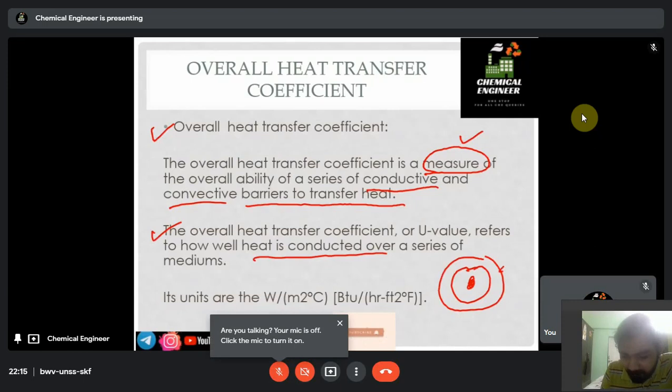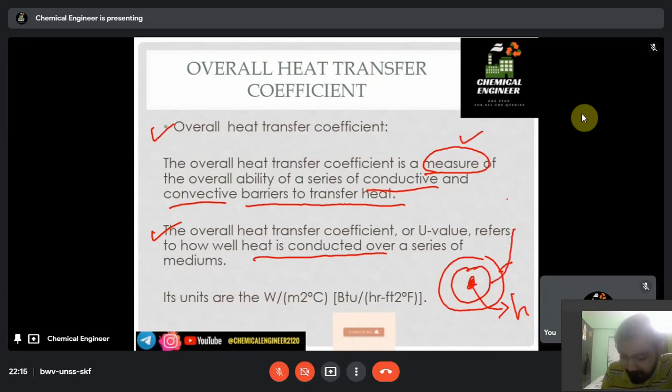So we want to calculate the heat transfer coefficient at this point, taking into account the heat transfer from this, that is the H value for the convection, then from this pipe the conduction, that is K, and from the outer pipe the value of K, as well as the value of H naught, that is the outermost heat transfer coefficient through convection.